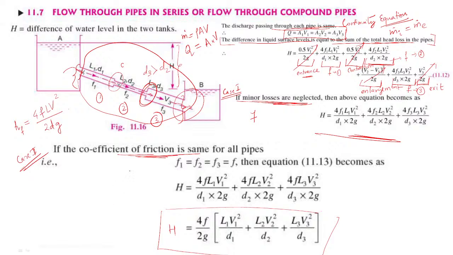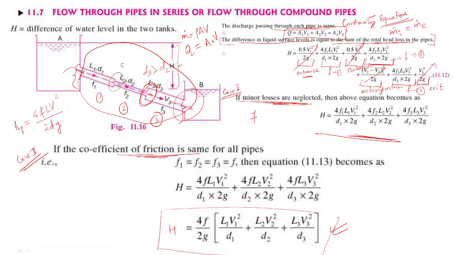My suggestion is no need to memorize it, because we can't say it is a predefined thing. The question will be like this, so there is no point in memorizing this formula. But of course you should know the process, how actually we have obtained it.